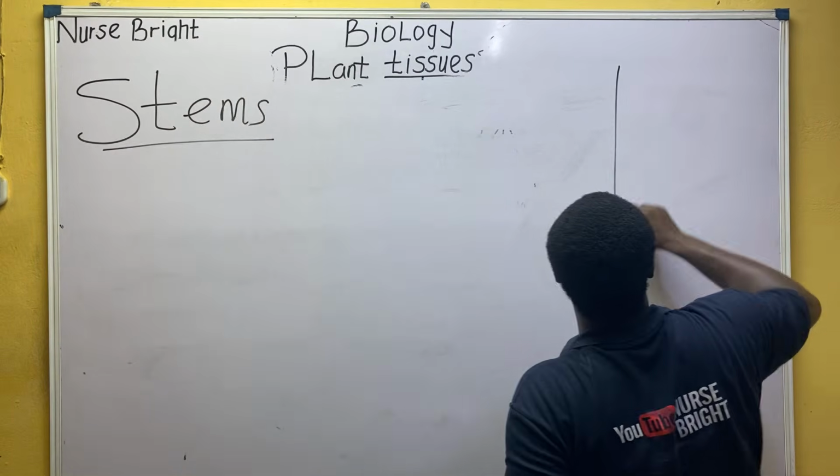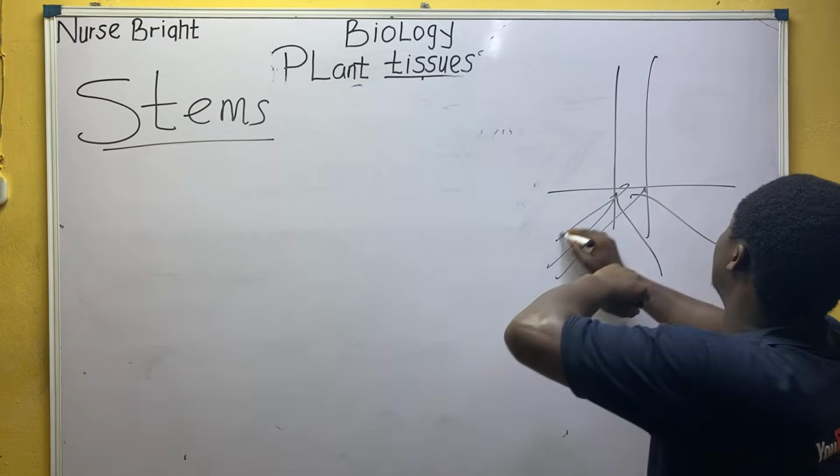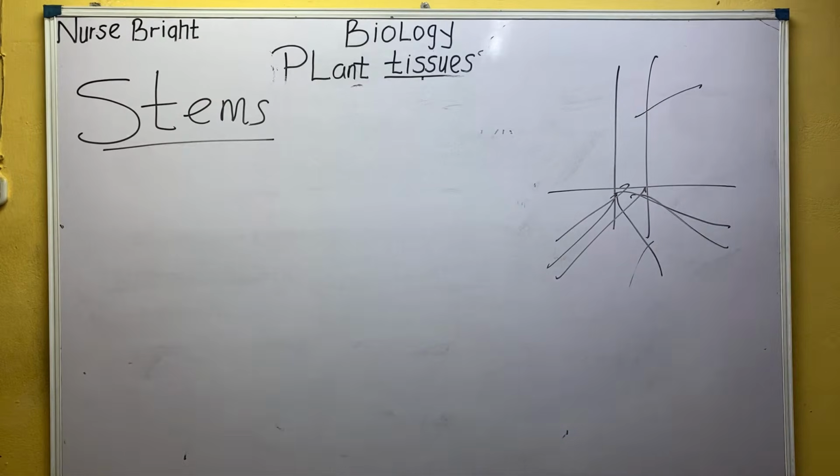This is the stem, right? Now pay attention. In biology, you have to understand that the stem is the part of a plant that supports leaves, flowers, and fruits. It carries water and minerals from the roots to the leaves, and also carries food from the leaves to other parts of the plant.